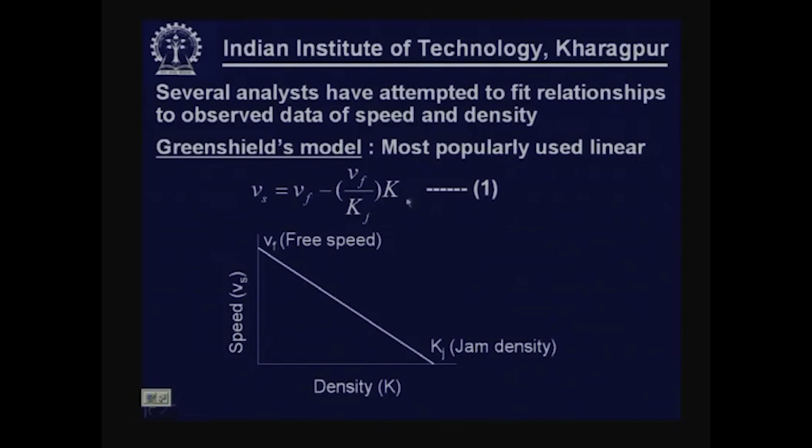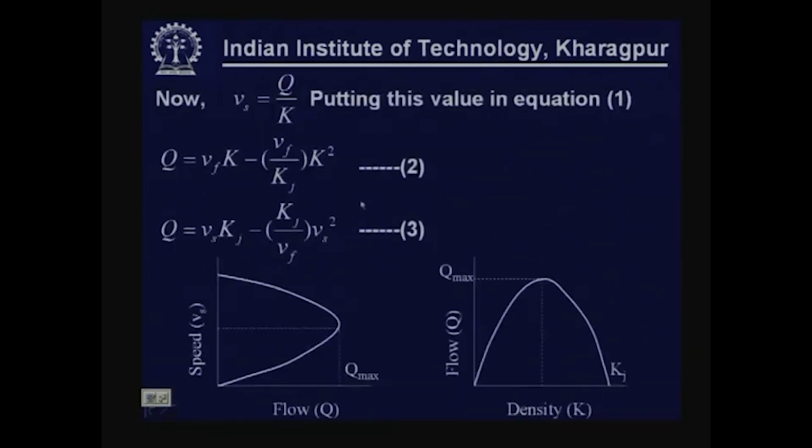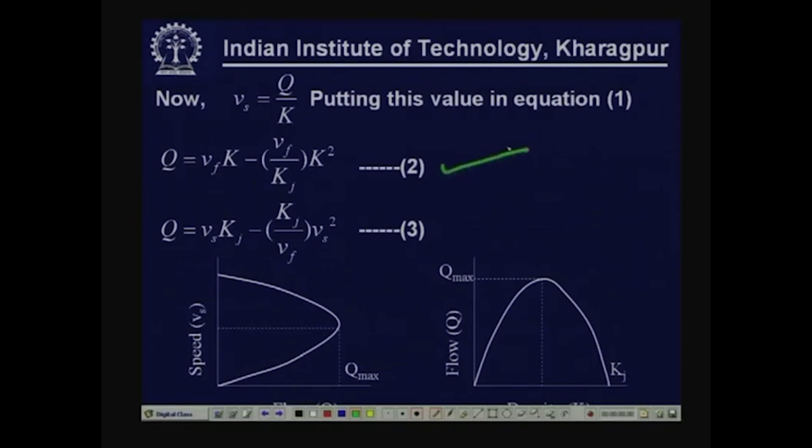Here you can find Vs equals Vf minus Vf by Kj into K. So, if you work out this relationship, you can get equation 2 to represent the relation between flow and the density K, that is the corresponding flow density relationship. Similarly, you can show the relationship between flow and the speed represented by Vs.